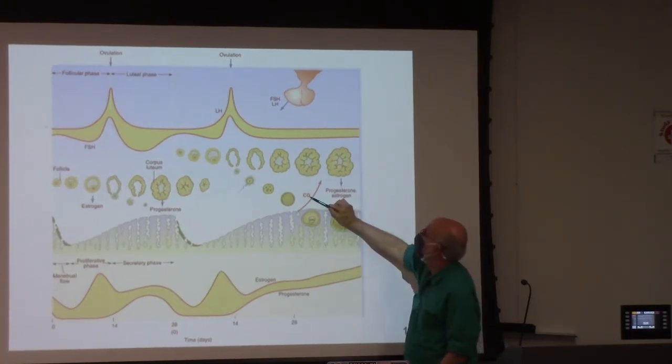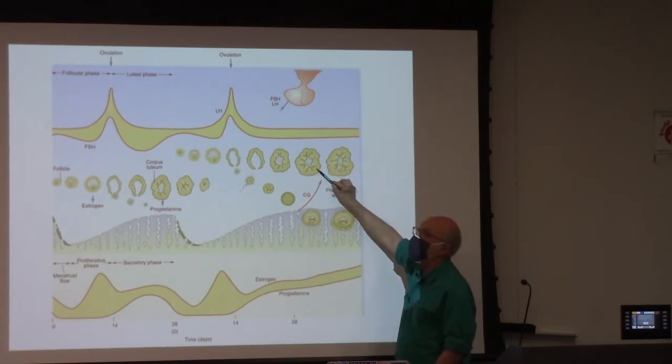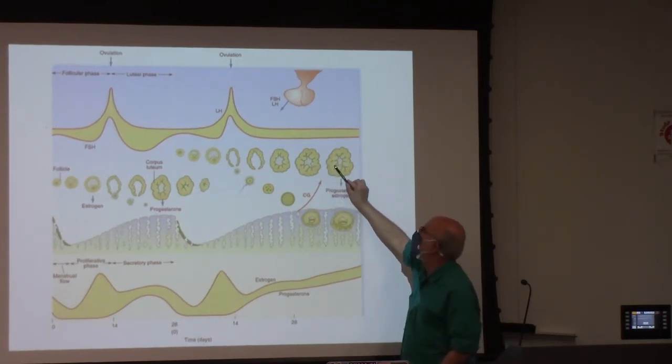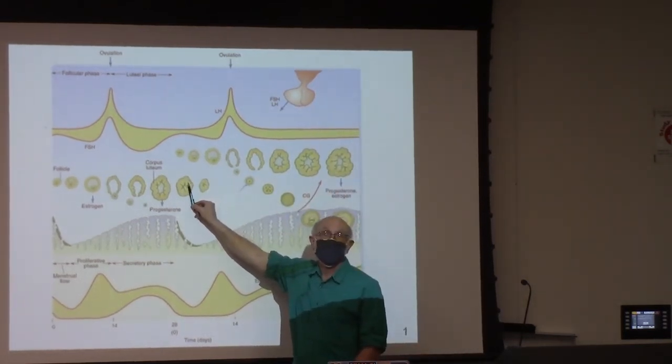And the most important receptors for that chorionic gonadotropin are in the corpus luteum, and it sustains the corpus luteum so that it sustains throughout pregnancy. There is no degeneration of the corpus luteum.